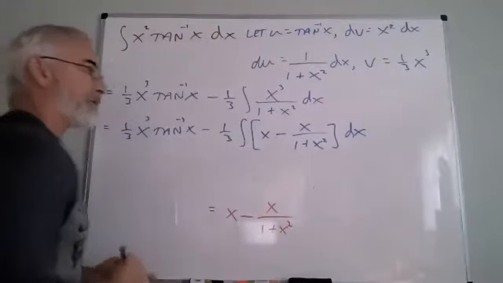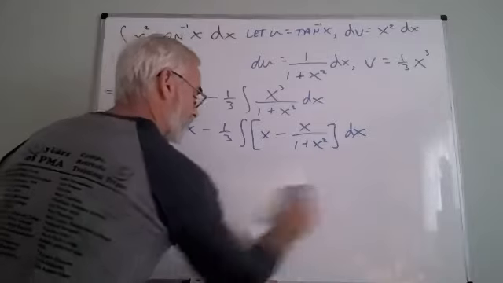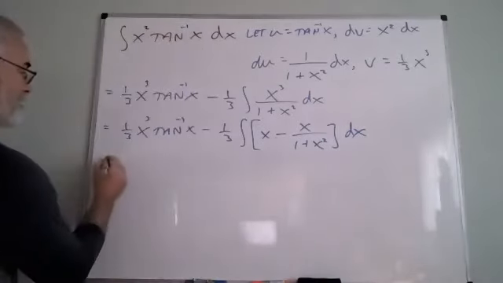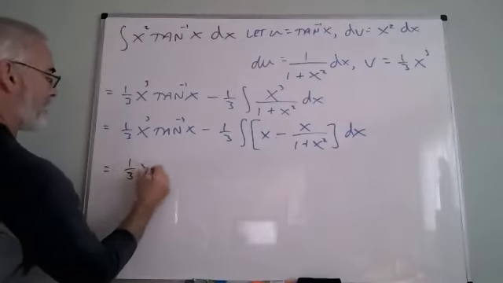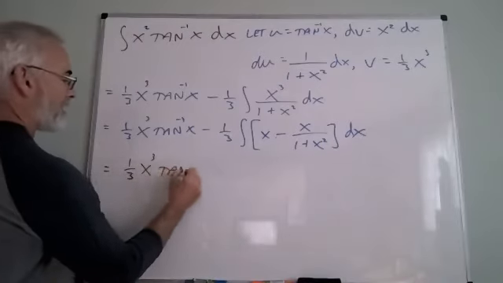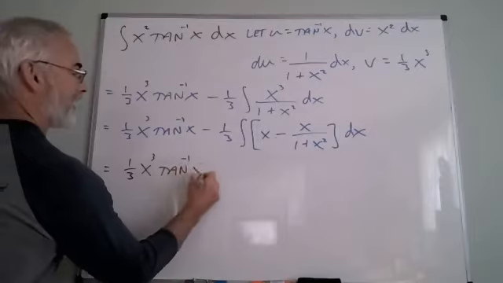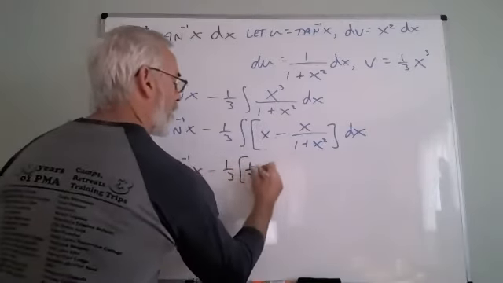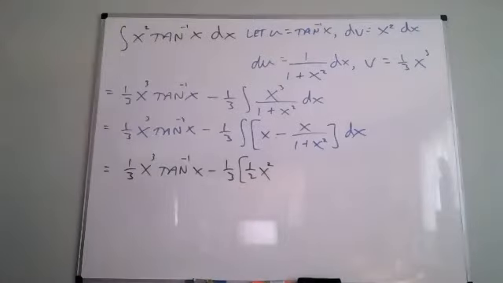And both of those are very, very friendly terms now. So here I'm going to get 1/3 x cubed inverse tan x minus 1/3 of 1/2 x squared. But you say, wait, I don't know what to do with the second one.